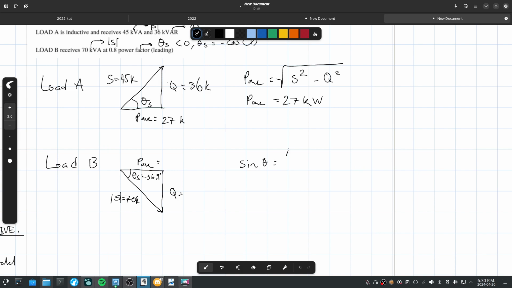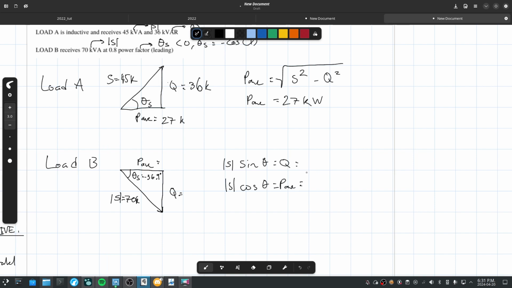Sine theta is opposite over hypotenuse, so S times sine of theta is Q. And likewise, S cos of theta is P average.